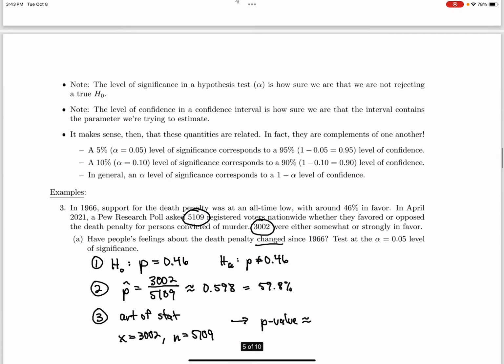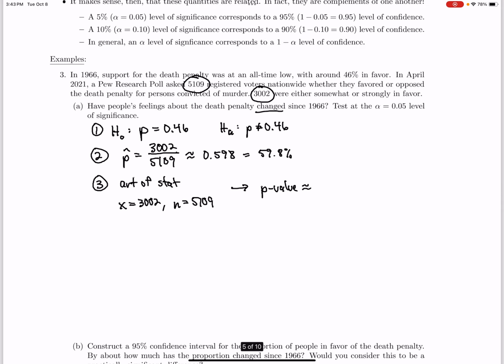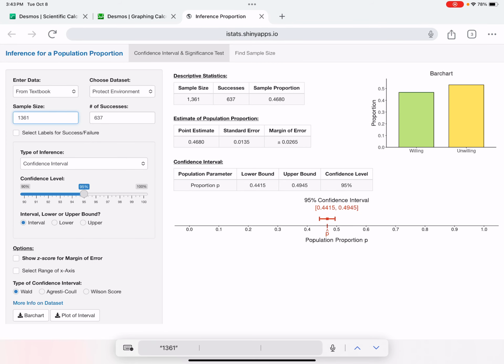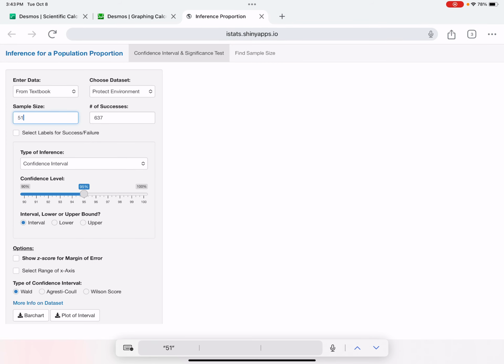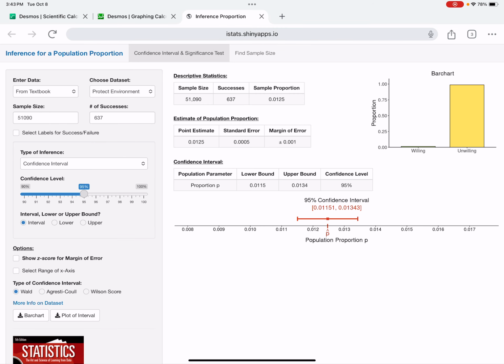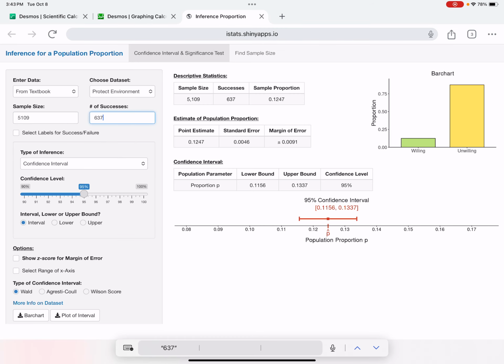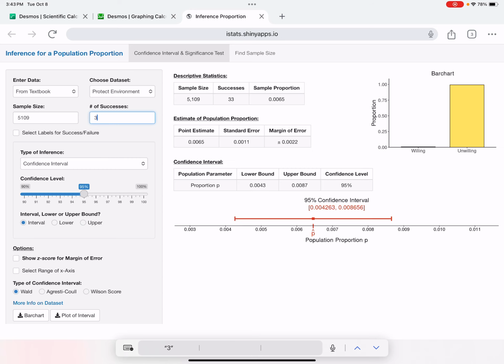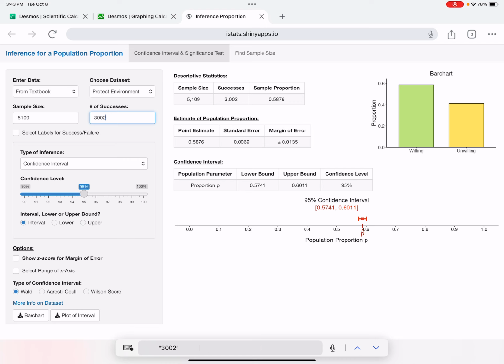Okay, so we want to use the second app. We have the number of successes is 3,002, and our sample size was 5,109. Okay, we don't want a confidence interval just yet.